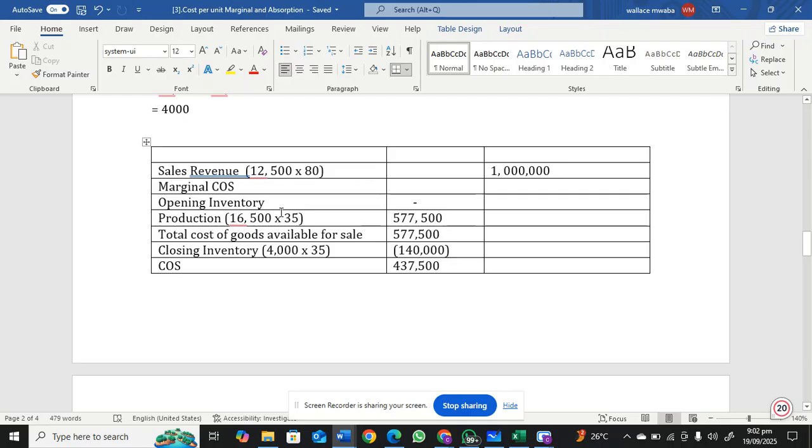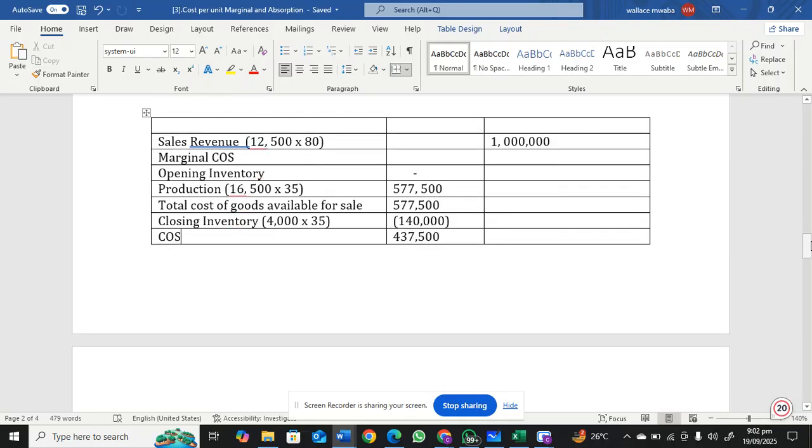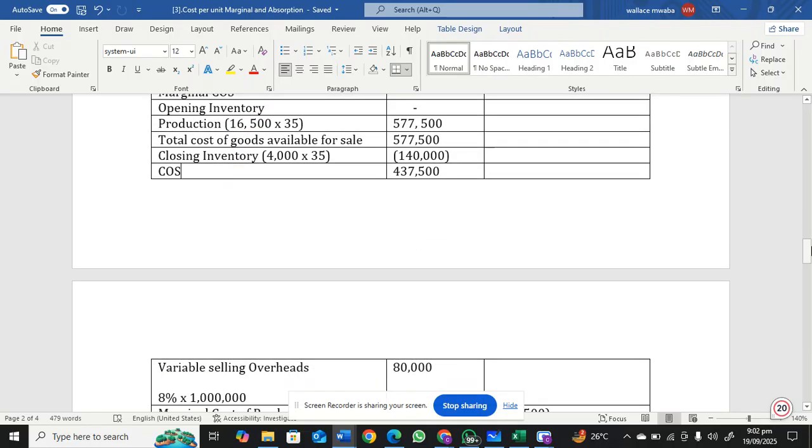Once you've got those two values, add the opening inventory and the production so that you get your total cost of goods available for sale. Then you remove your closing inventory. That's how you get your cost of goods sold.